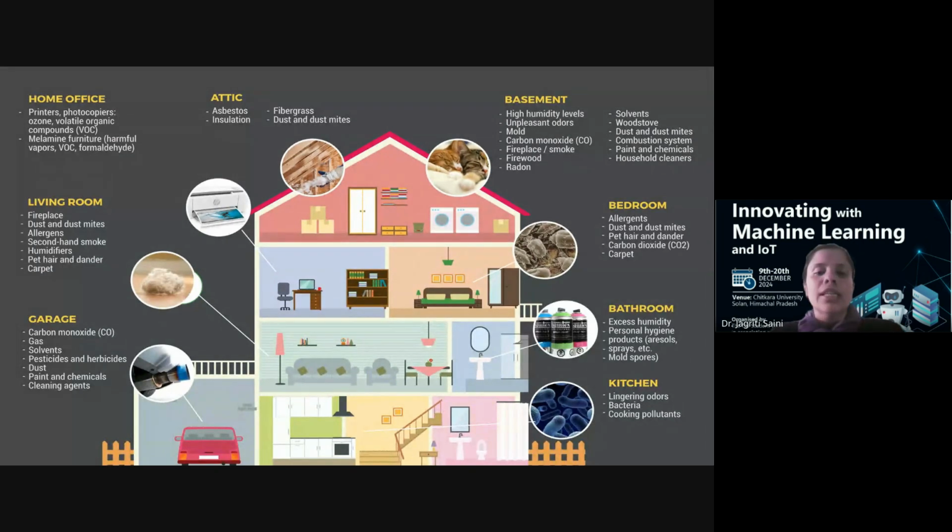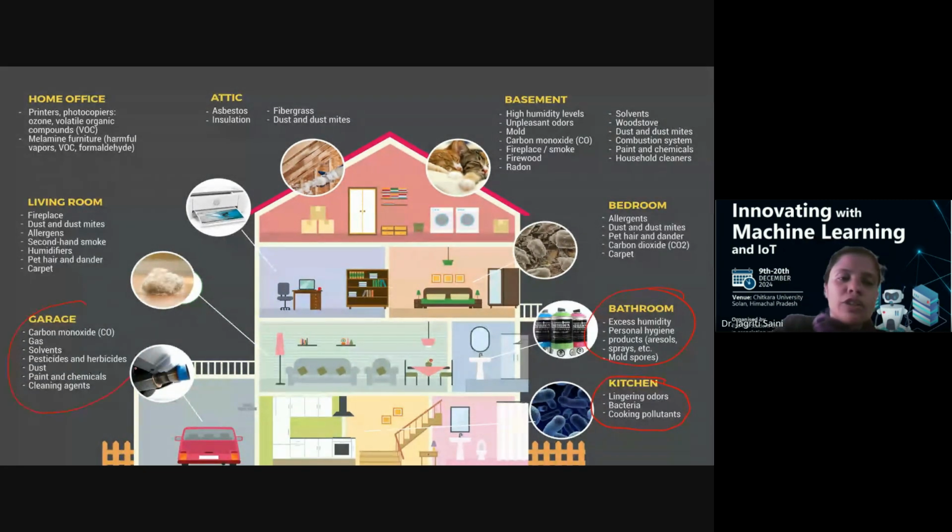From this particular image itself, you can see that almost every part of your home is affected by certain kinds of pollutants. Whether we talk about the kitchen area, that is definitely more exposed due to routine cooking or heating instances that take place. Similarly, the bathroom areas are also affected by different kinds of mold spores, humidity or sprays, etc., that we may use.